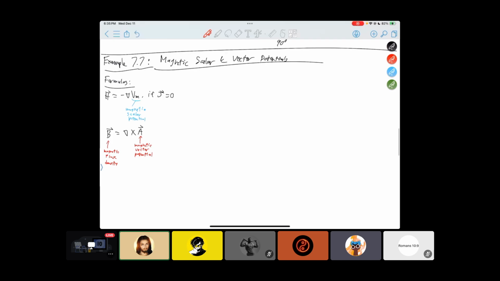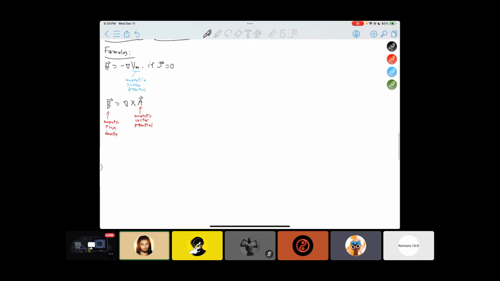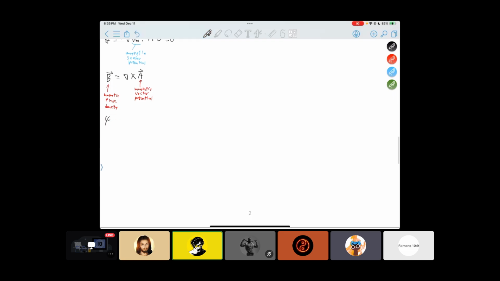Is there anything else we should know? A is just your typical Biot-Savart stuff. The last thing we should know is the net outward flux is equal to the closed line integral of A dot dL. I think that's the last thing we need to know.